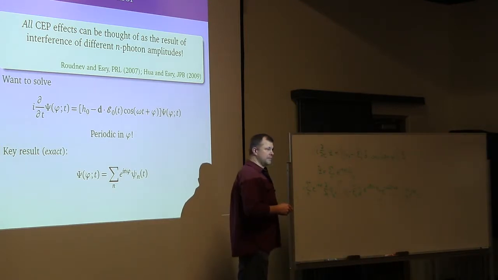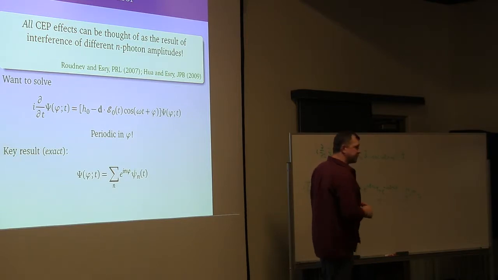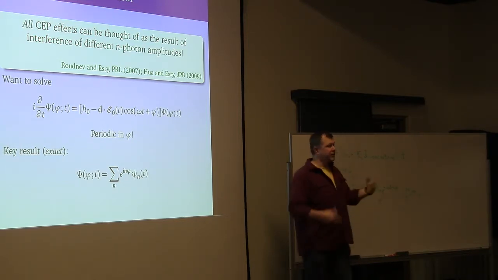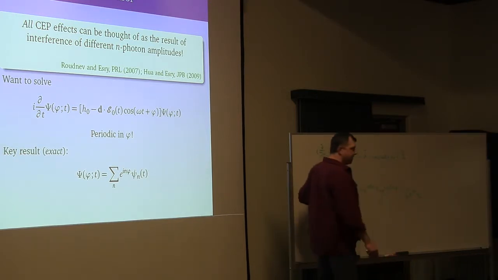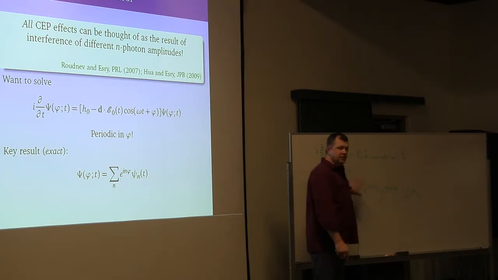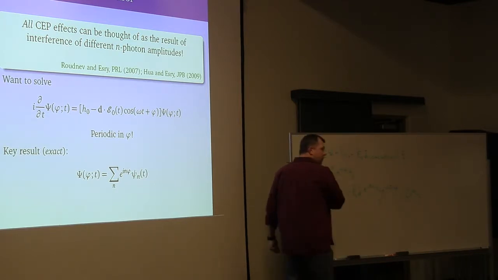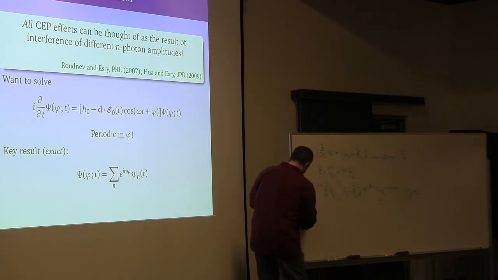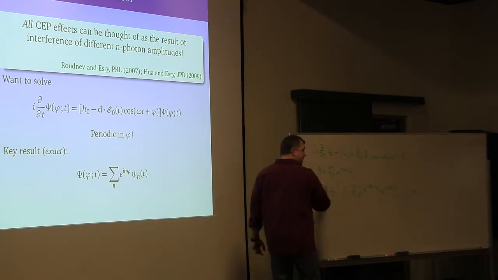All right? Okay, so now we simplify. How do we simplify? Well, the e to the i n phi's are linearly independent, right? That means the coefficient of e to the i n phi on both sides has to be the same. Okay? So all we have to do is match the coefficient, let's say, of e to the i m phi on both sides, and that will be the equation for the psi n's.